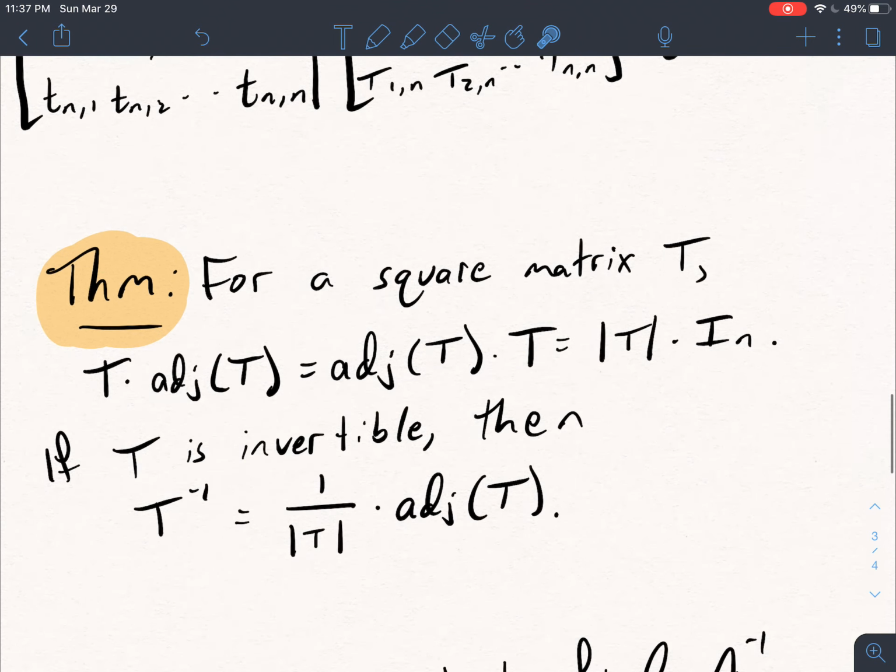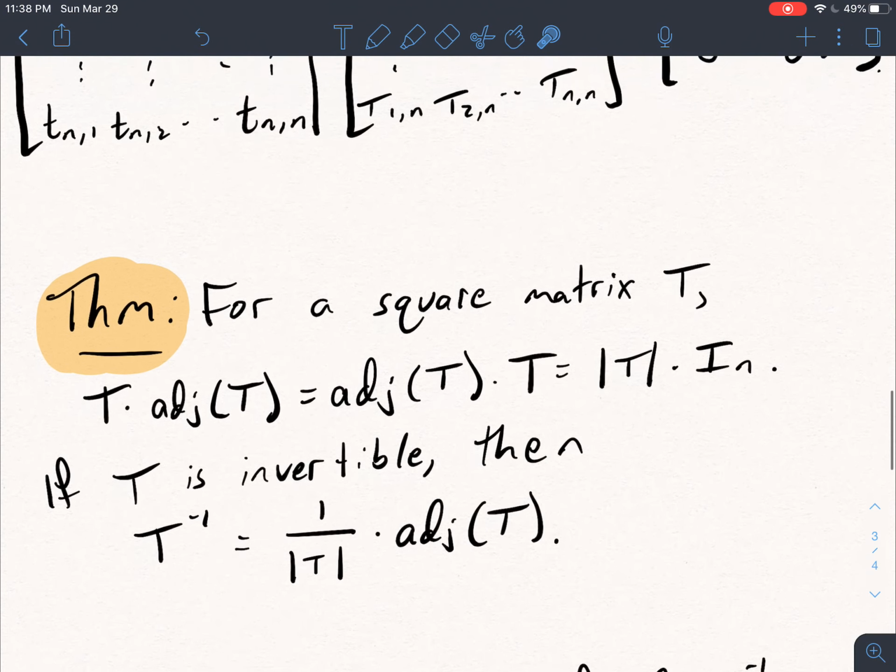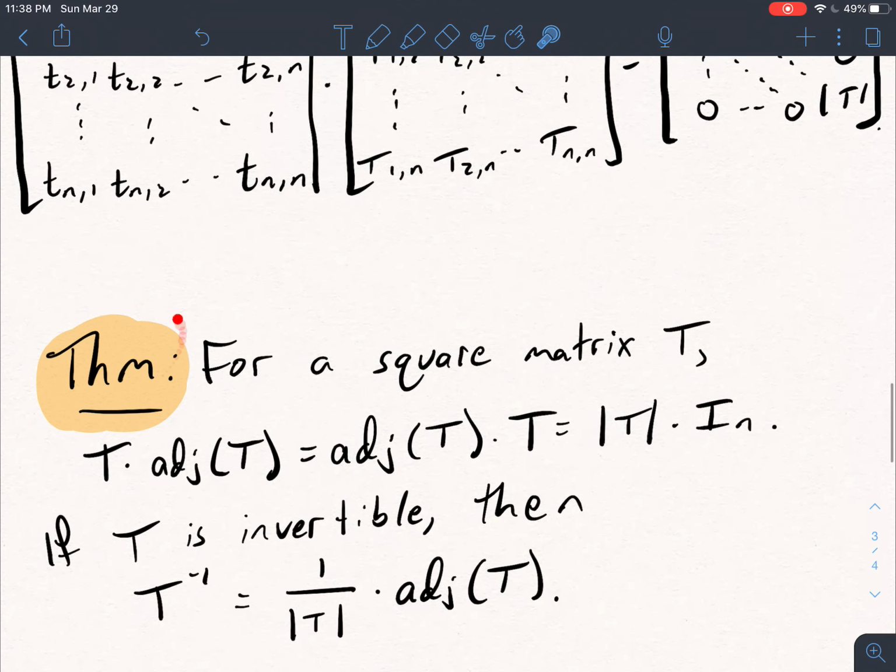So the next theorem just summarizes all the things that I was rambling about for maybe a little bit too long, sorry. But here's the theorem. For a square matrix T, T times the adjoint is equal to the adjoint times T. I didn't actually show this part is true, but the reasoning works out just the same as what we talked about before.